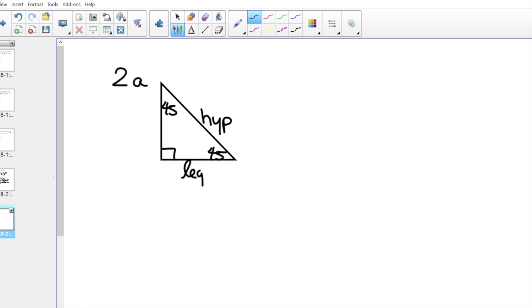On number 2A, find the length of a leg if the hypotenuse is 12. Again, we would use theorem 9-8, which says the hypotenuse is equal to the leg times the square root of 2. Well, the hypotenuse is 12.